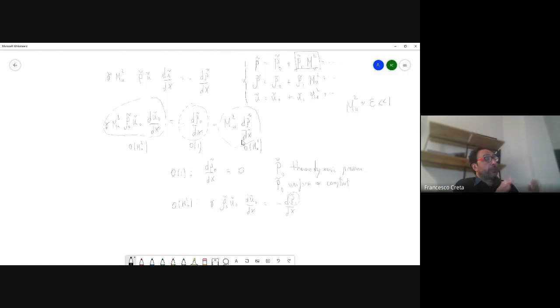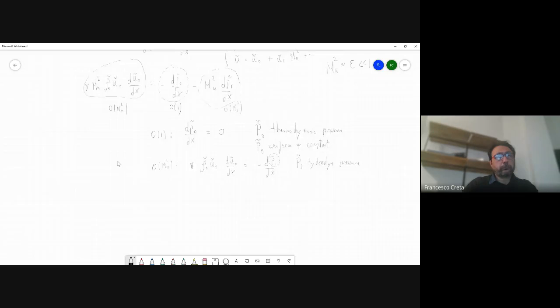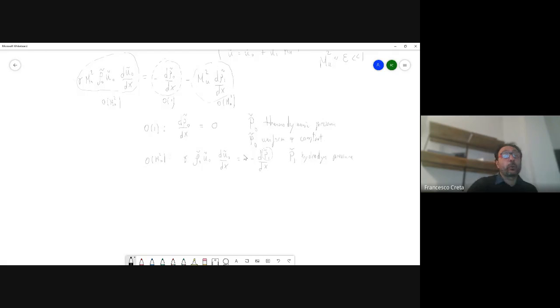All you have to do is have a constant pressure, and then solve the Navier-Stokes equations with the so-called hydrodynamic pressure, which is not the thermodynamic pressure. It is simply used as a source of movement for the zero order variables, velocity and density.